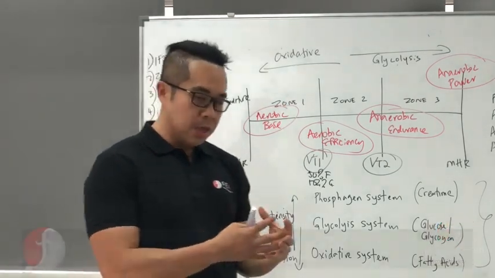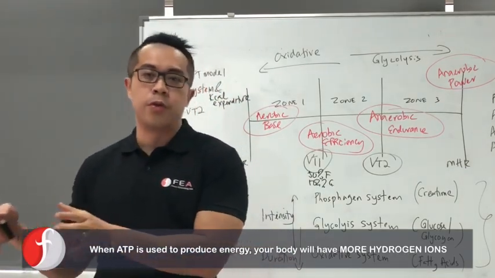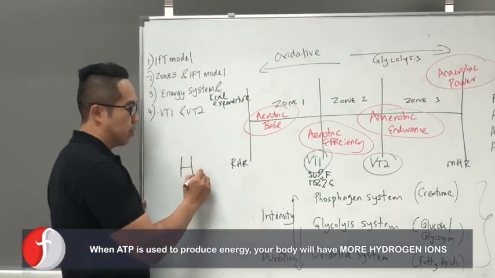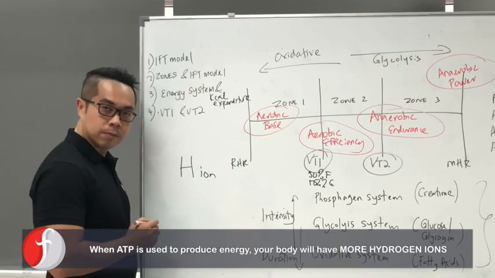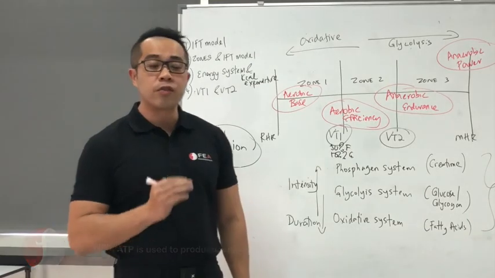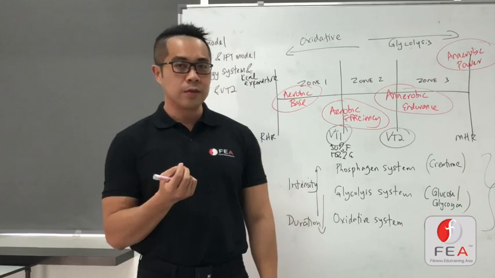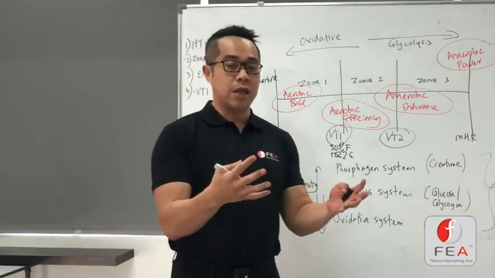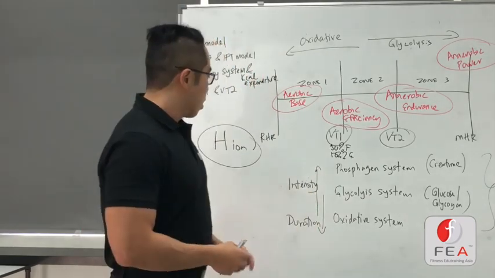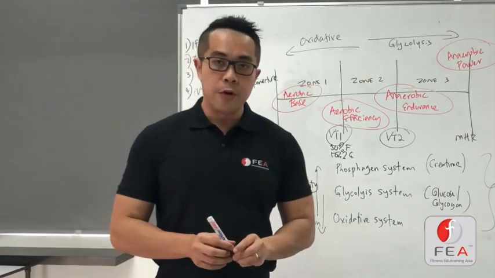When ATP is used to produce energy, your body produces hydrogen ions. When hydrogen ions increase, you start to feel soreness in your muscles. When there are really a lot, you feel really sore and can't move on anymore. So once your body produces more and more hydrogen ions, it produces lactate.